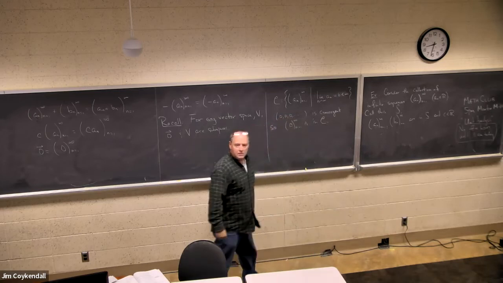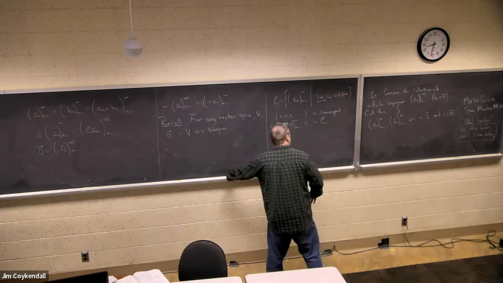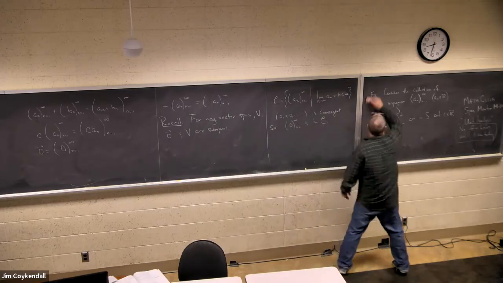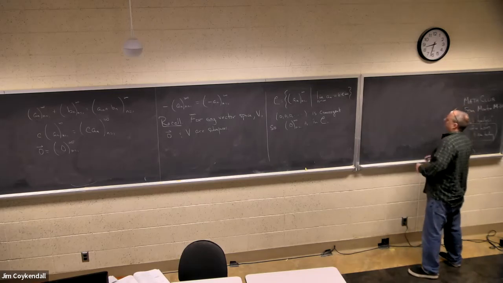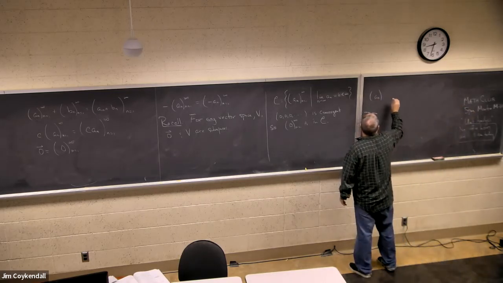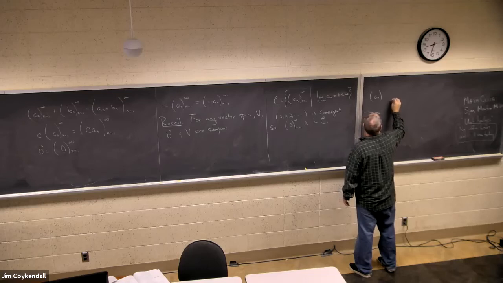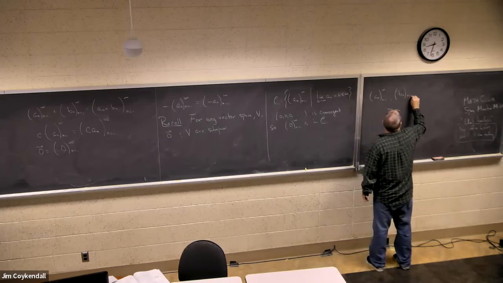Okay, good. So you've got the zero vector. What happens if we have two convergent sequences? Suppose we have two convergent sequences like this.